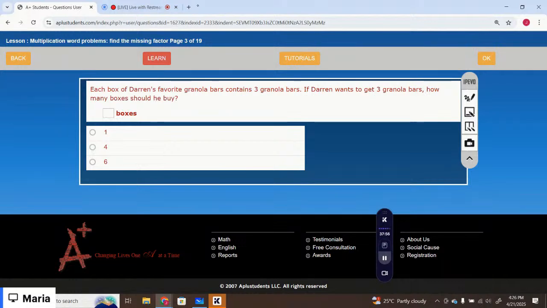He needs three granola bars, and in each box there are three granola bars, so that means he needs only one box. The correct option is one.